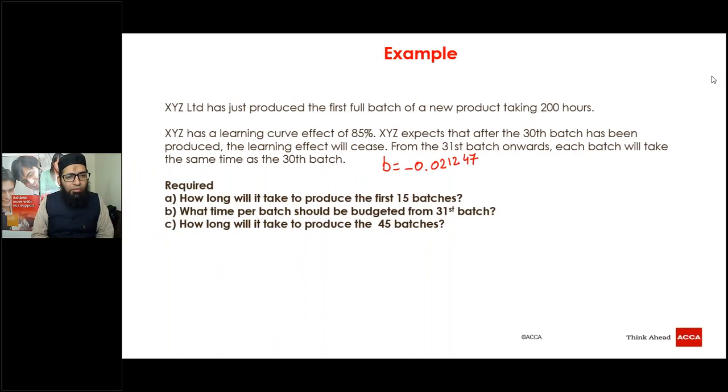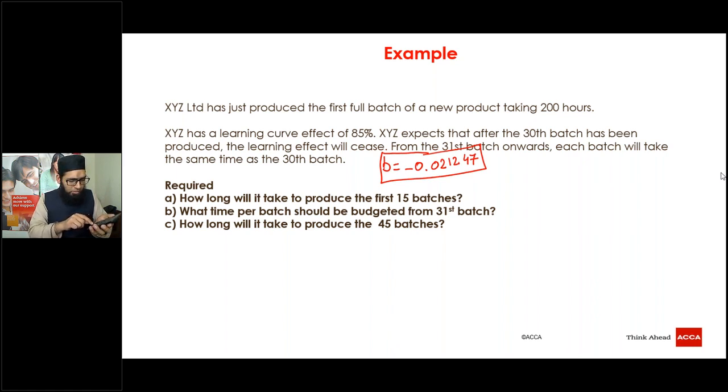I hope you have read the information. I have written the value of B because this will generally be provided to you in the exam. You can calculate it by log of 85% divided by log 2 on your calculator as well. It's minus 0.23446.